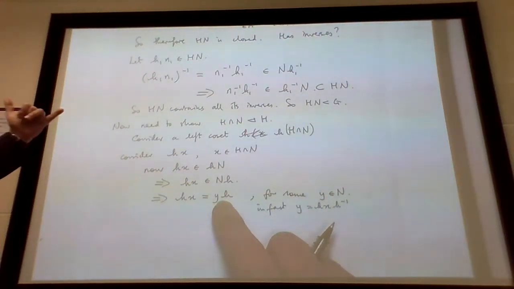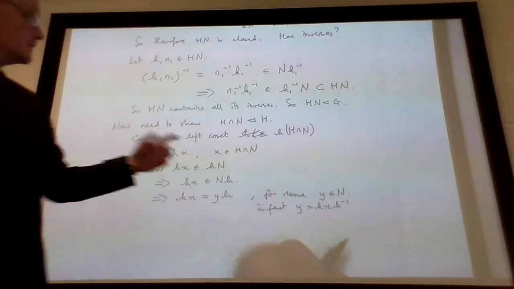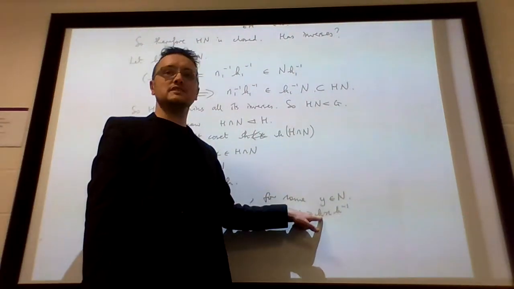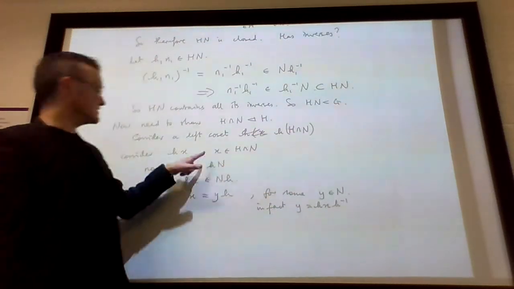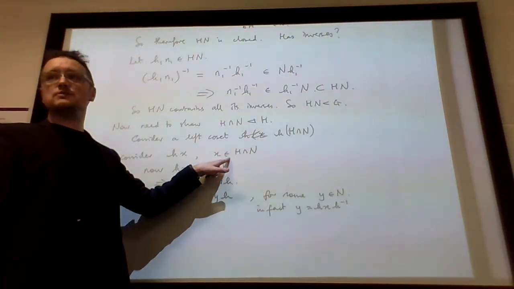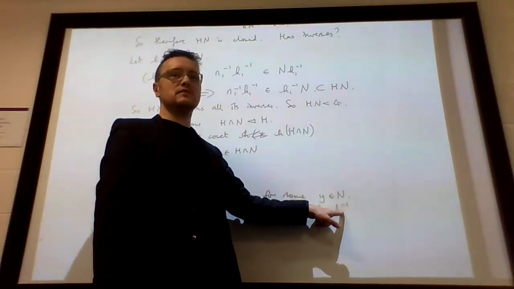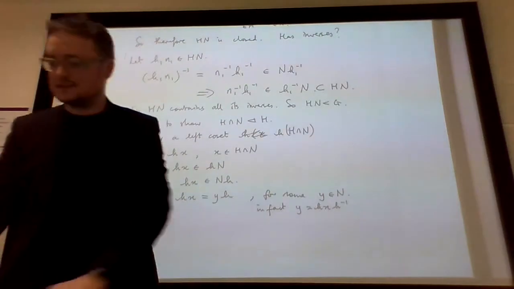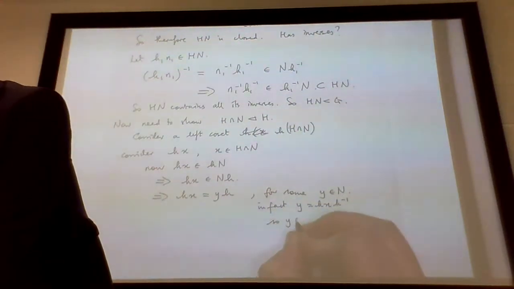y is in N. We're trying to show that y is in H. Sorry, I was going a bit too fast. We can see that y is in H from this, because x is in H. x is in the intersection, so x is in H. So this is a triple product of elements from H. So y is an element of H also.